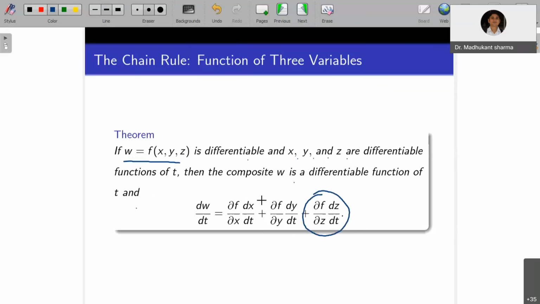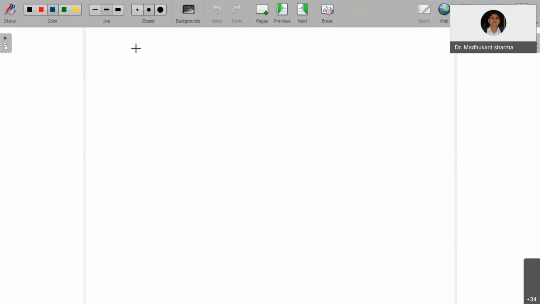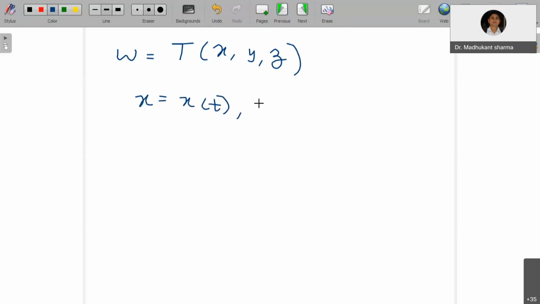Let's say w denotes the temperature at x, y, z, and x is a curve: x of t, y of t, z of t.